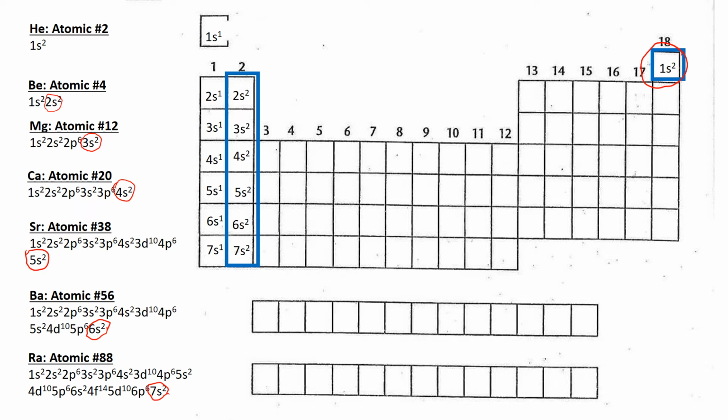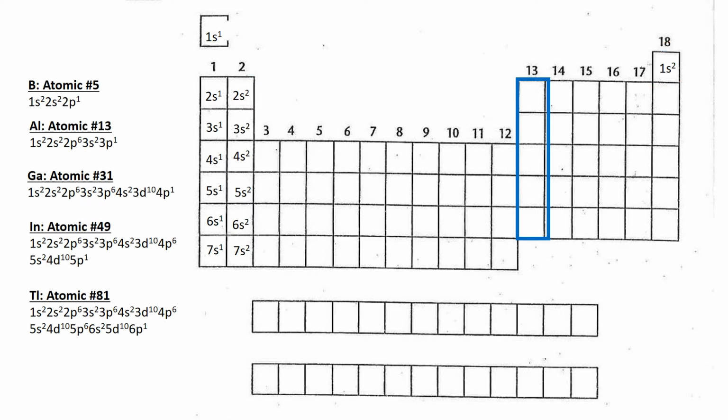It also turns out that it fits with some of the other patterns that we're going to see in terms of valence electrons associated with those electron configurations. So that's another topic we're going to deal with in this particular video. But in terms of the pattern for column filling, you just have to remember that the 1s2 actually corresponds to helium at the other end of the periodic table.